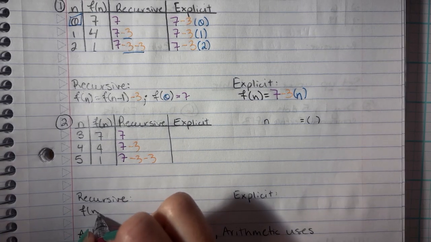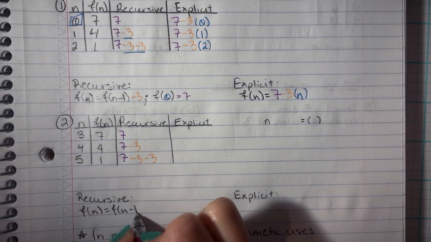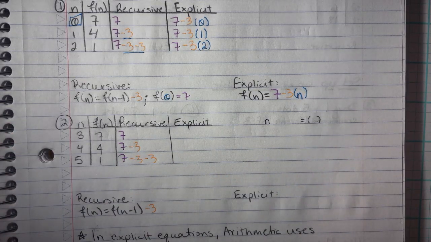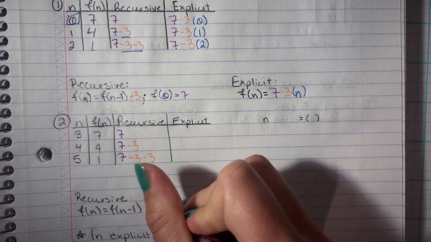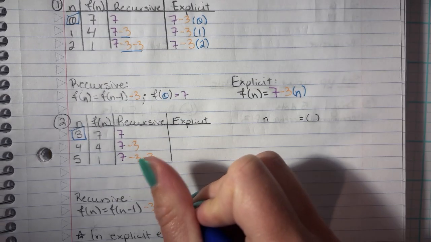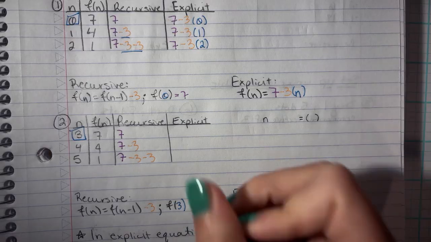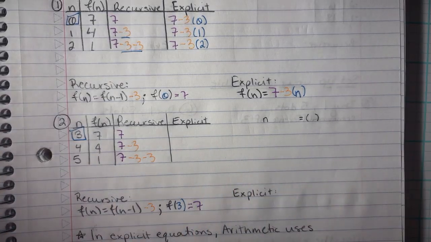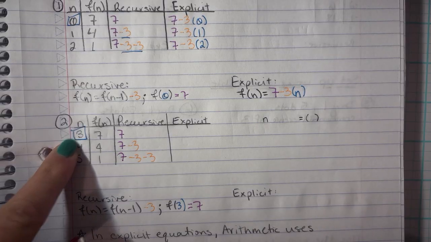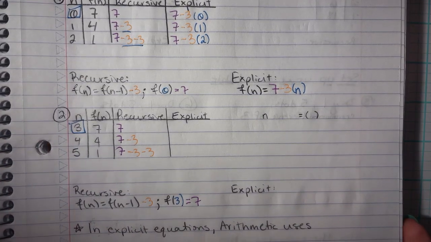Once again, we will still have f of n equals f of n minus 1. We are still subtracting 3. We are starting with, this time, f of 3 equals 7. Okay, so this time instead of a 0, we had a 3. That's what's changed. So that's how the recursive changes when our time changes.